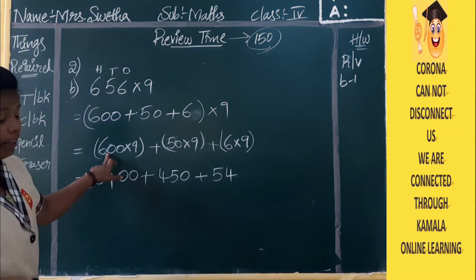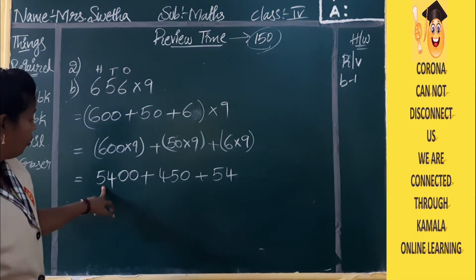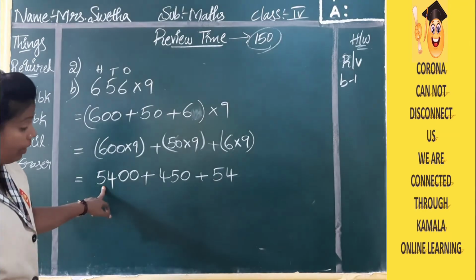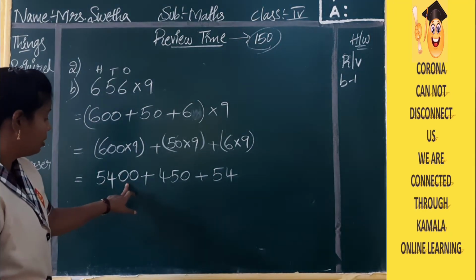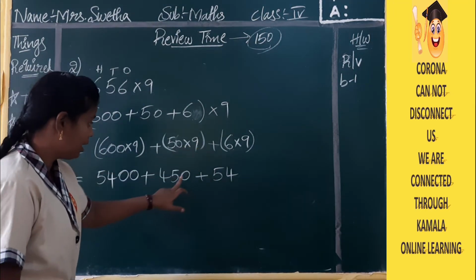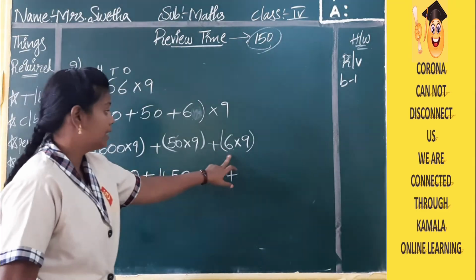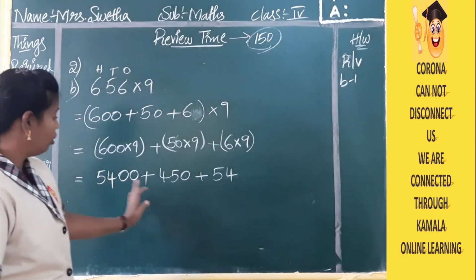So 600 nines are 5,400. 50 nines are 450. 6 nines are 54. Now you add all these numbers.